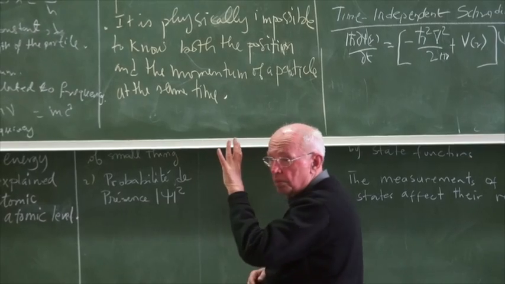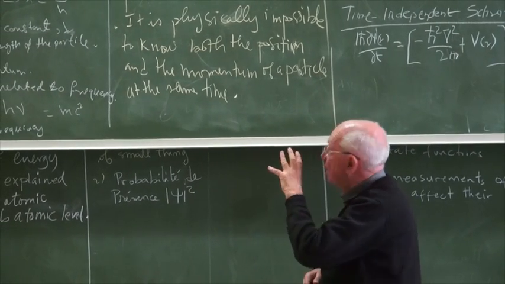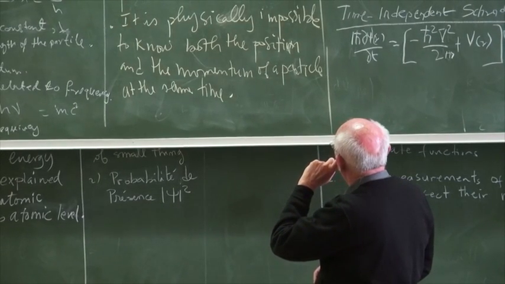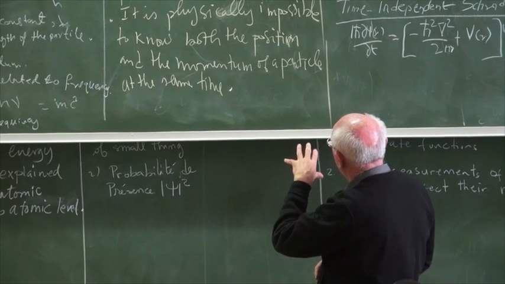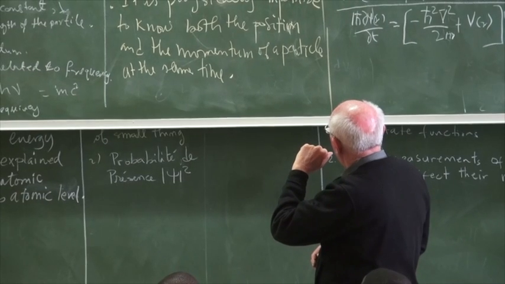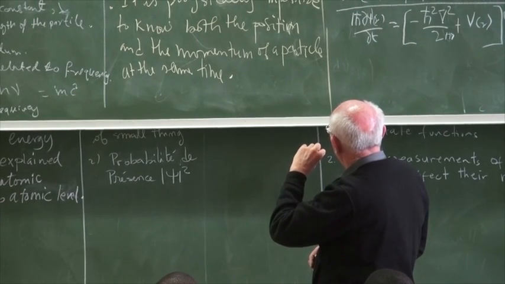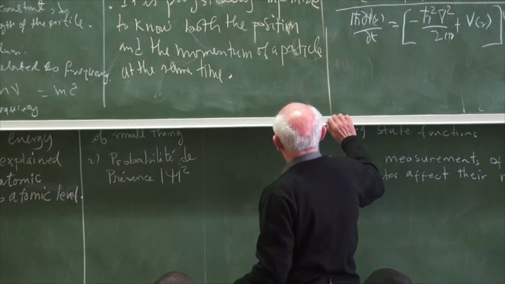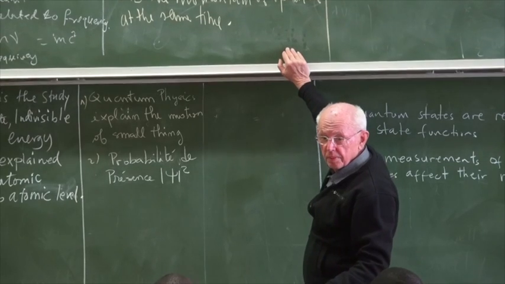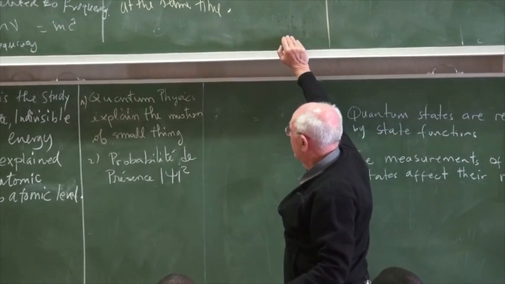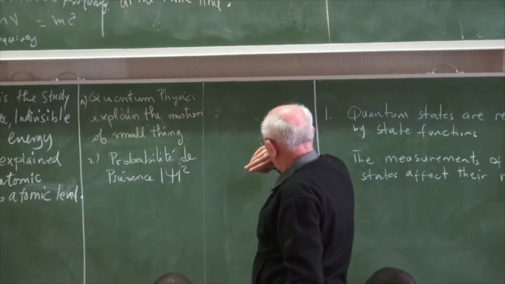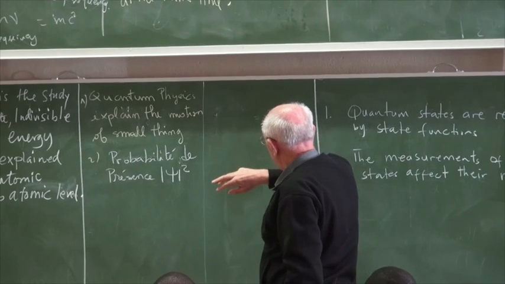It's not always true, of course, but sometimes. Elementary particles behave both like particles and like waves. The movement of these particles is random. It's physically impossible to know both the position and the momentum of a particle. The whole group understands this, that I've put this up? It's good. Quantum physics explains the motion of small things, among other things.